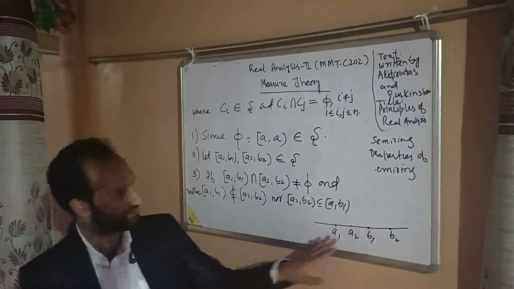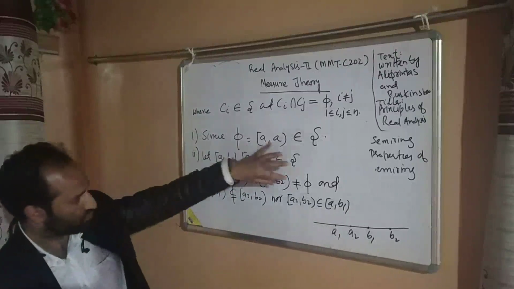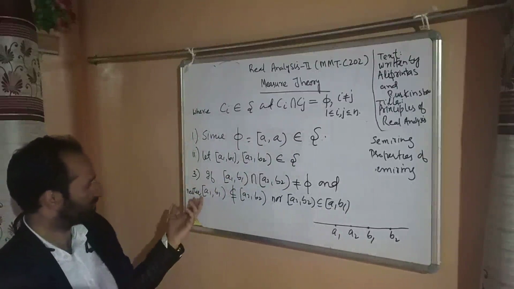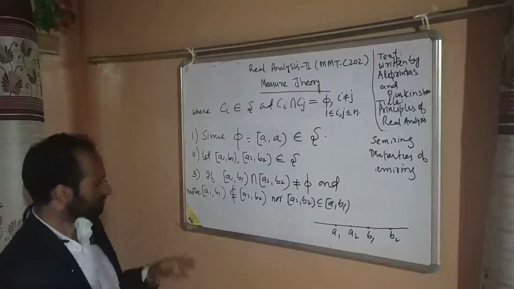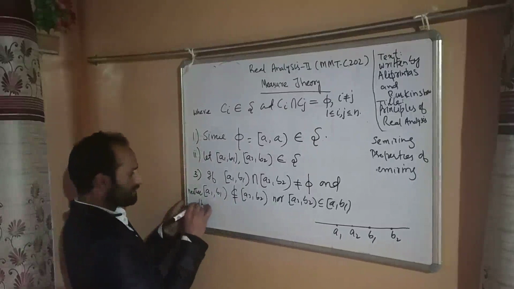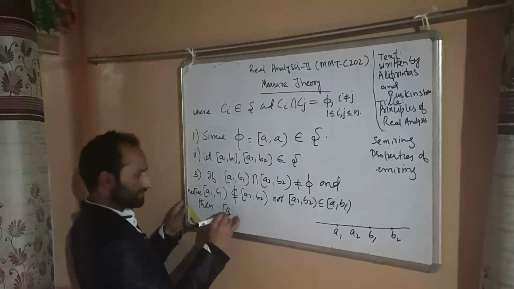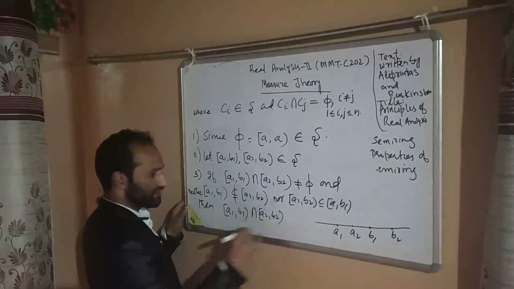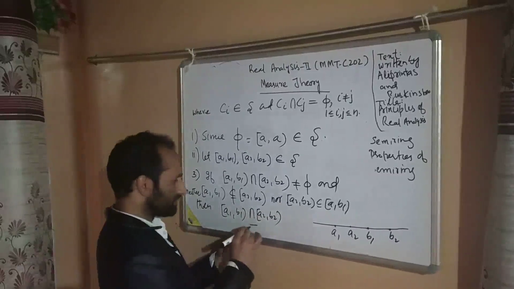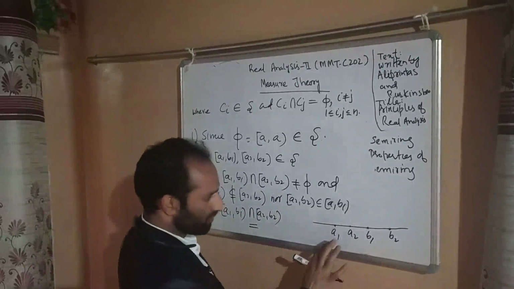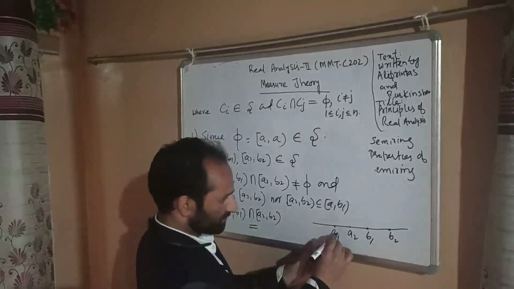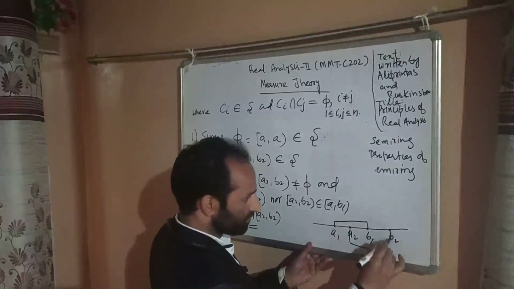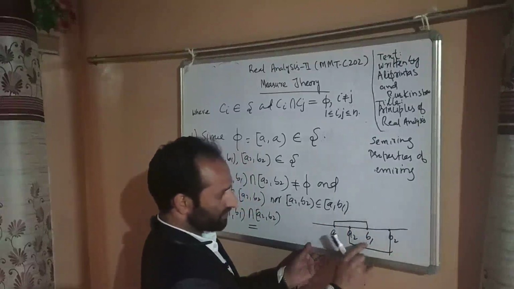So the situation is like this. In case they are not disjoint, and one of them is not contained in the other, then you can see that this intersection, A1, B1 intersection A2, B2, is equal to, what's this, A1, B1 is this set, its intersection with A2, B2.